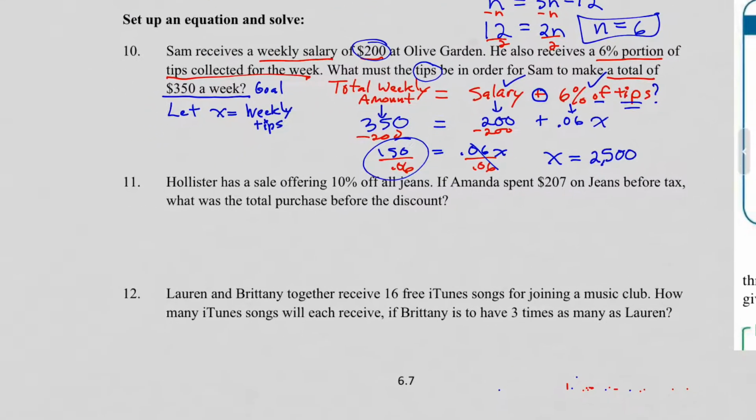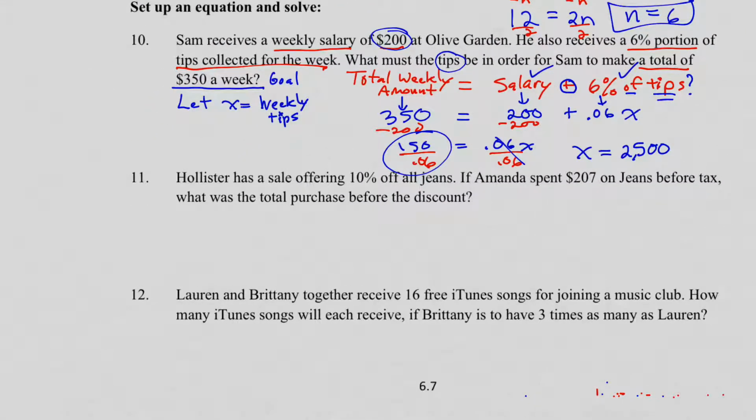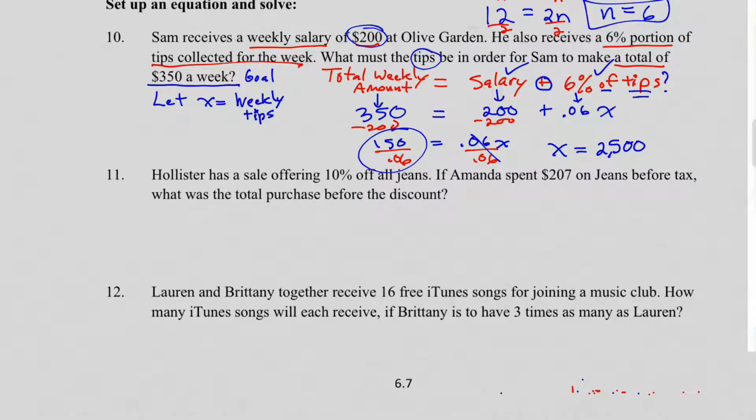So to answer this question, we say, okay, that number for X, now I'm going to translate it into a sentence. What must the tips be in order for Sam to make a total of $350 per week?